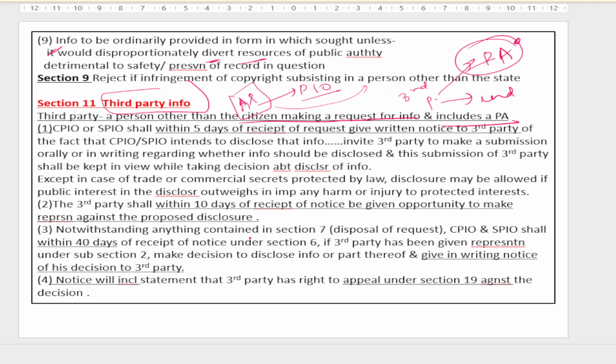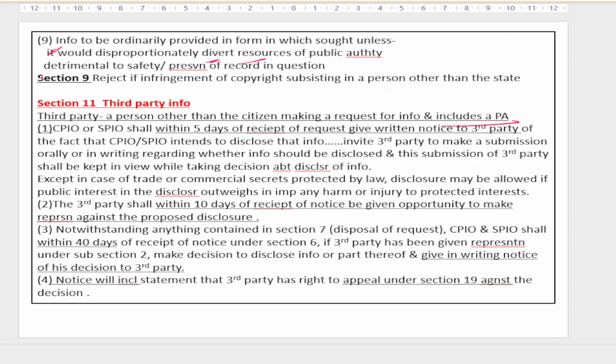Now the procedure for third party information, how it is to be disposed of. We have already studied this. We will again revise it in brief. Suppose a person has filed an RTI application before a PIO, and this is the RTI applicant. And this information relates to a third party.